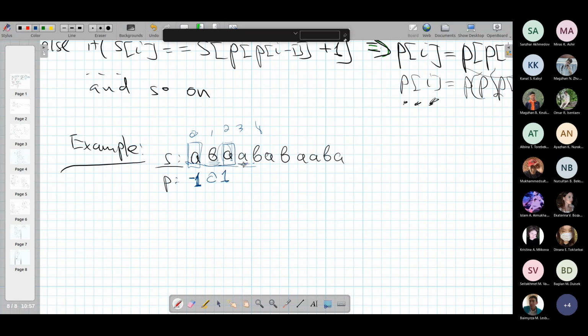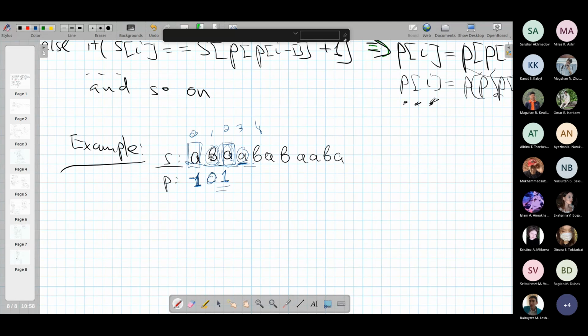Then at position 3, we try to compare these guys. Okay, they're not equal. Then I will take the prefix, so P of I minus 1, right? So P of I minus 1 is 1, right? Position 1, we have 0.